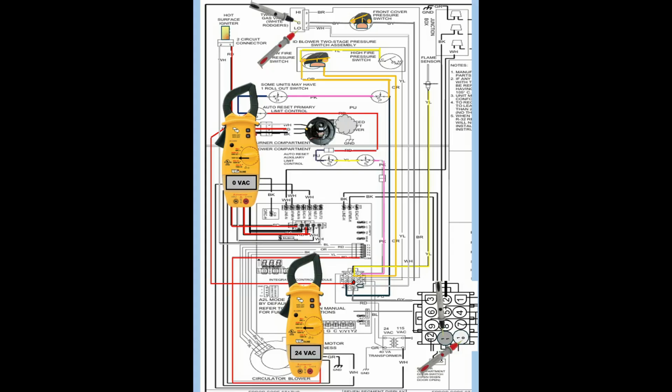Because when you hear that click, you're waiting, the igniter's hot, you're waiting, you hear that click, that's the relay closing, and power should be coming out of there. And also, if it's not lighting, is the front cover pressure switch closed? That's the other thing that you need to be looking at.